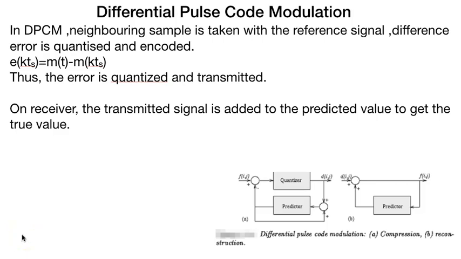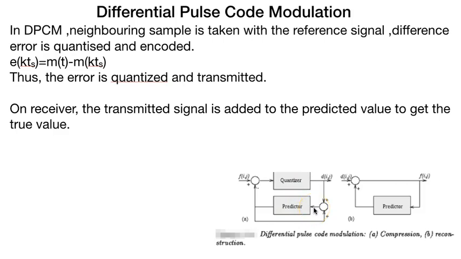So, in this, what is actually present is the predictor. A predictor that is going to predict the next value is present at both the transmitter and receiver. A quantizer quantizes the signal.